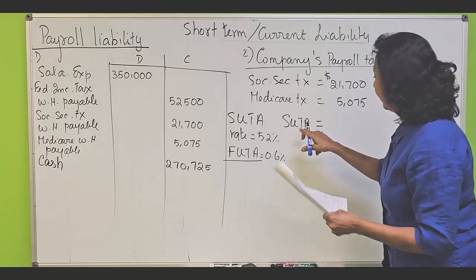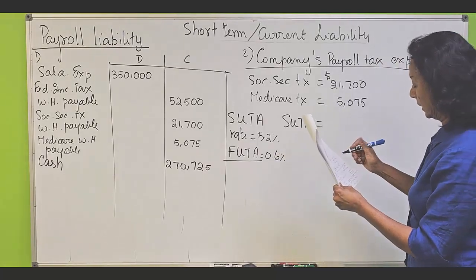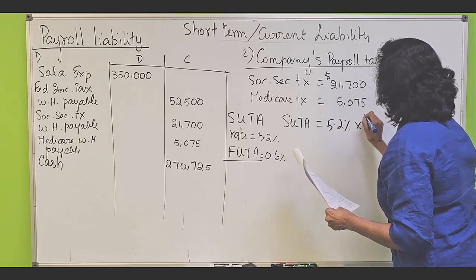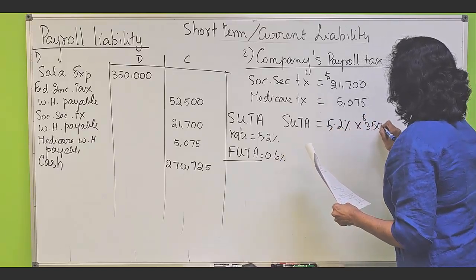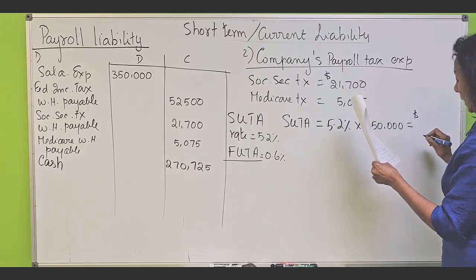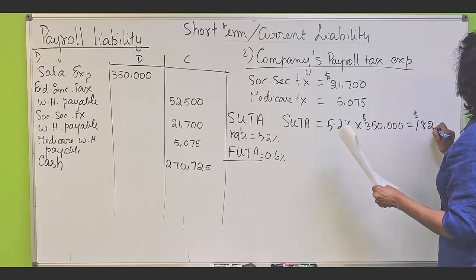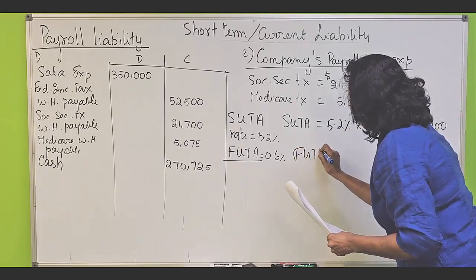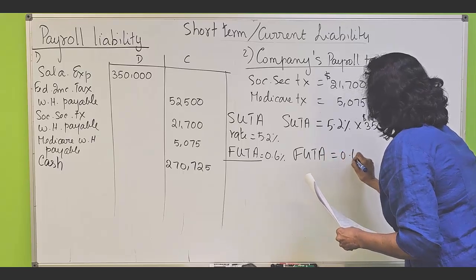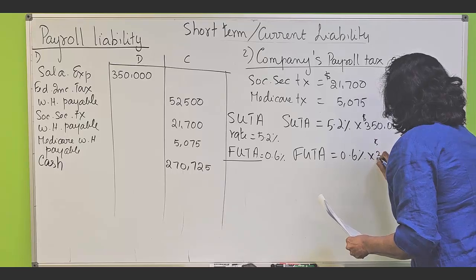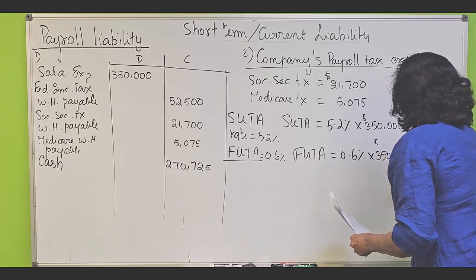So let us say the SUTA tax will be 5.2% times $350,000. That equals 18,200. Now the federal unemployment tax, 0.6% times $350,000.